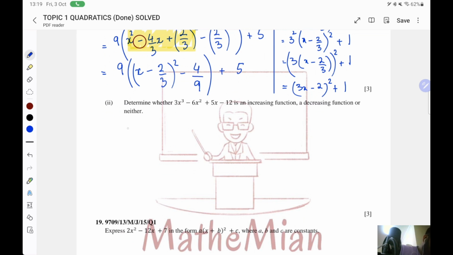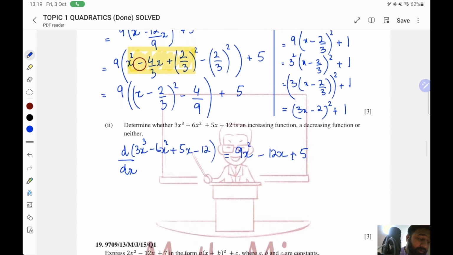So let's see what the derivative is. dy by dx, where y is 3x cube minus 6x square plus 5x minus 12. If I find the derivative for this, it will be 9x square minus 12x plus 5. This is the derivative.